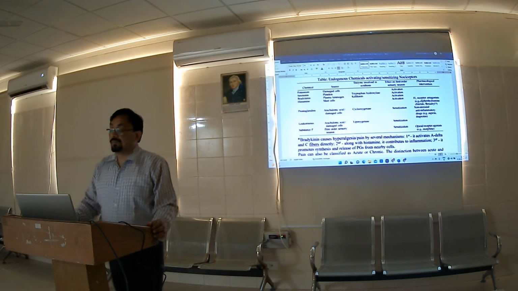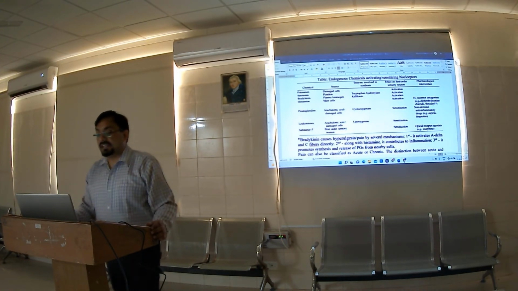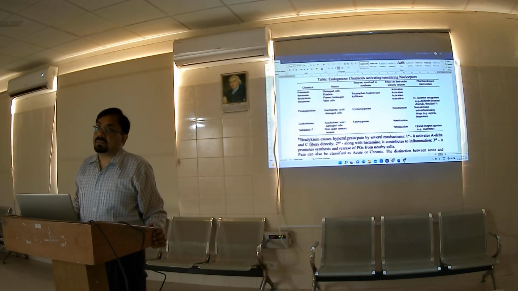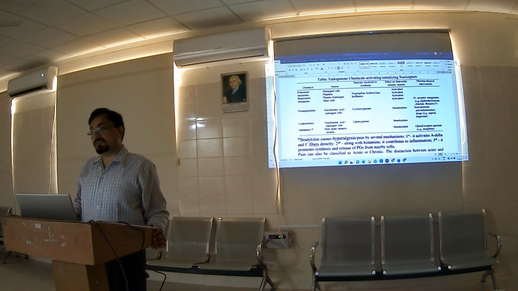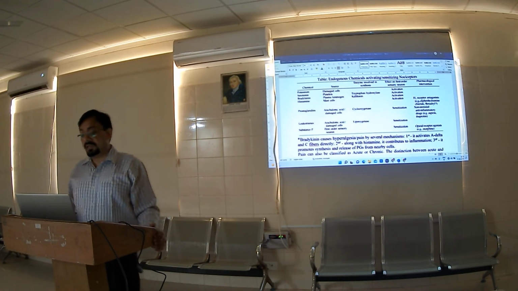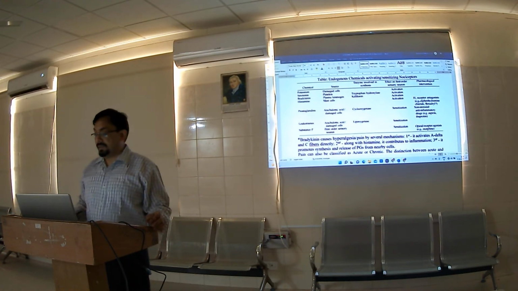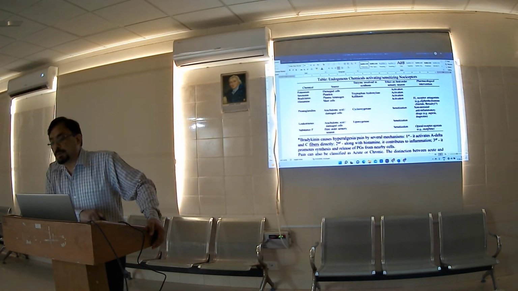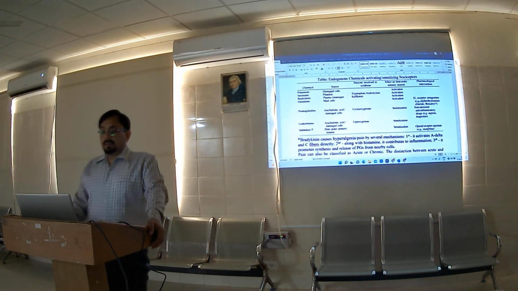Sensitization of the sensory neurons takes place by the prostaglandins. And NSAIDs: if mainly the prostaglandins are involved in the pathogenesis, then prostaglandin inhibitors like non-steroidal anti-inflammatory drugs could be a better choice for the treatment.